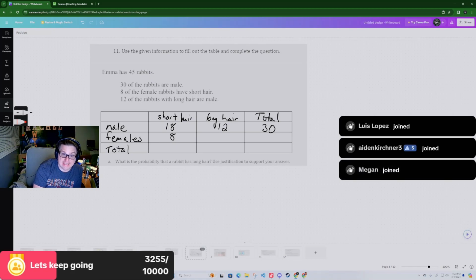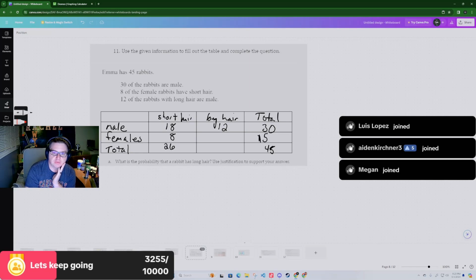Now, if we have 18 and 8 here, that is 26. Sorry, I missed one. There's a total of 45. I was about to miss something because I needed one more piece of information, and that piece of information was 45, because I wouldn't have been able to finish the table had I not had all this.